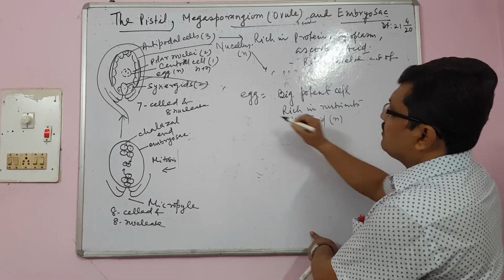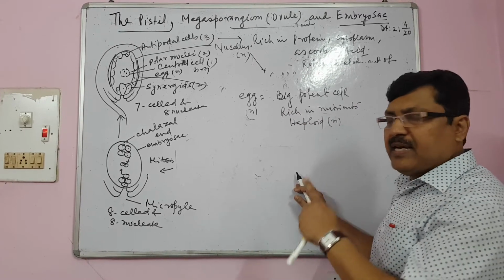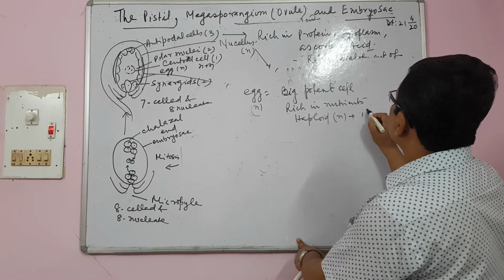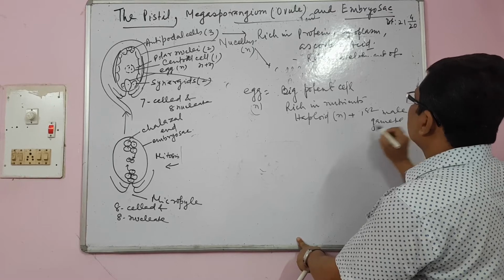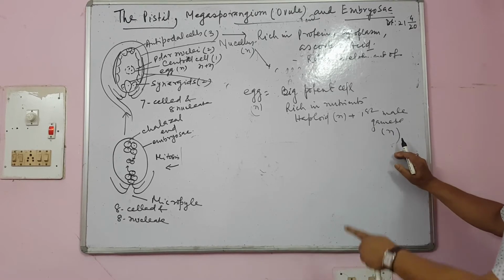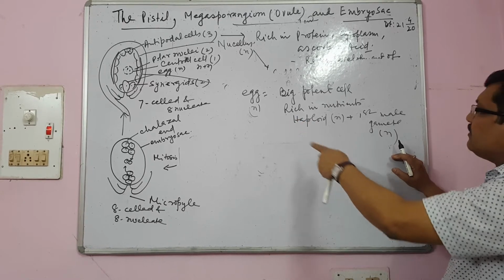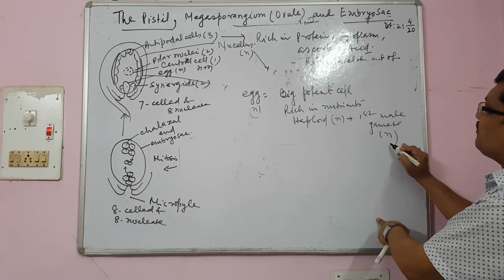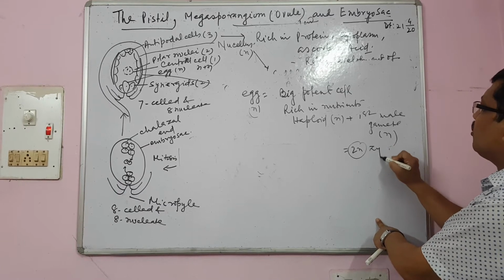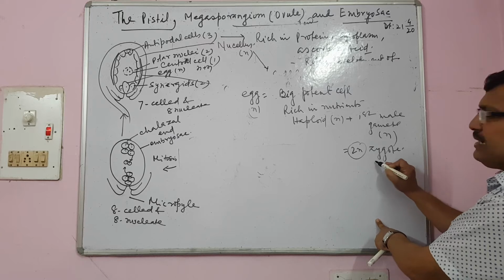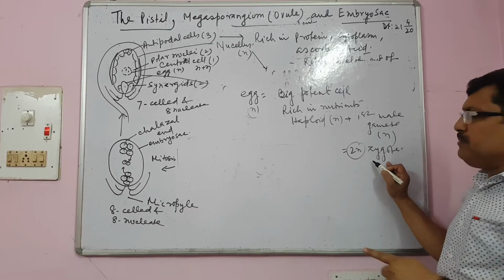This n structure will fuse with the first male gamete, which is n. The haploid egg fuses with the first male gamete to form a 2n structure. This is called the zygote, and this zygote divides and redivides to form the embryo.